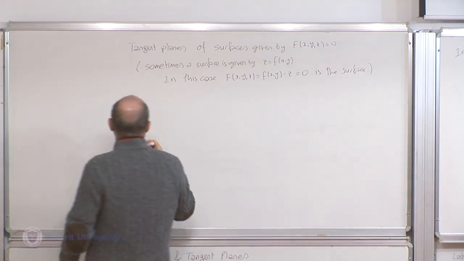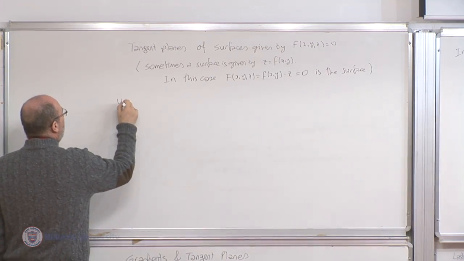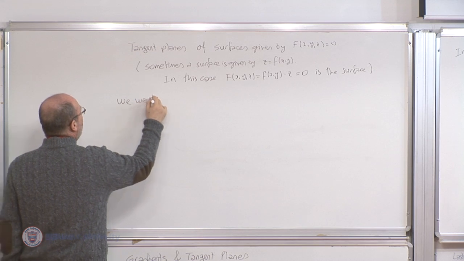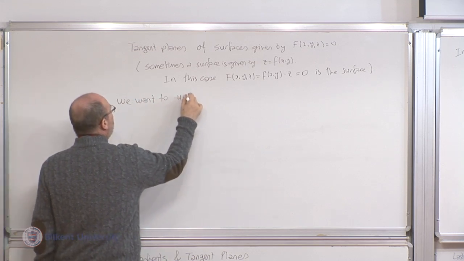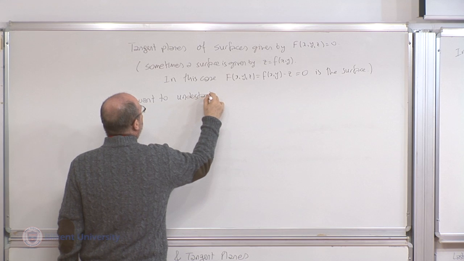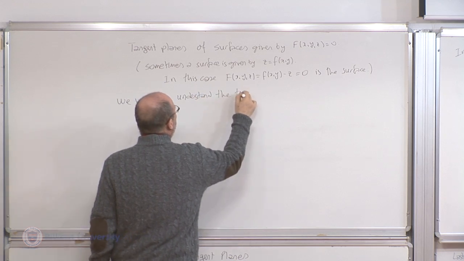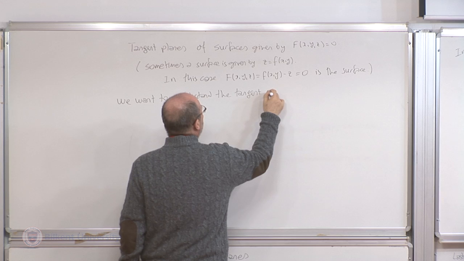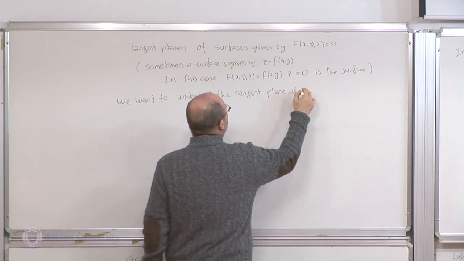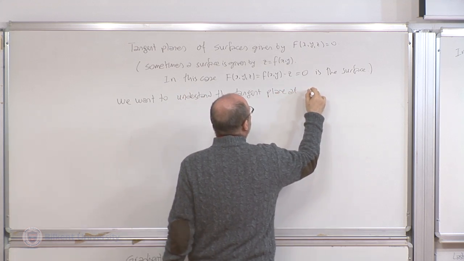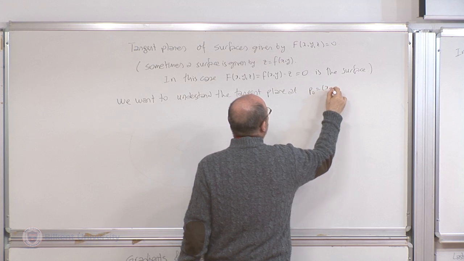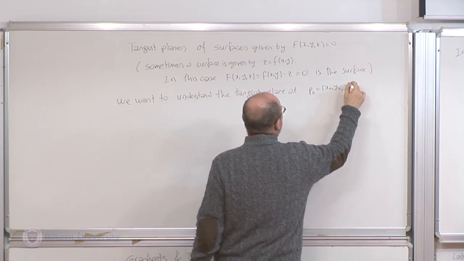Okay, so we want to understand the tangent plane at p sub 0, let's say x sub 0, y sub 0, z sub 0.